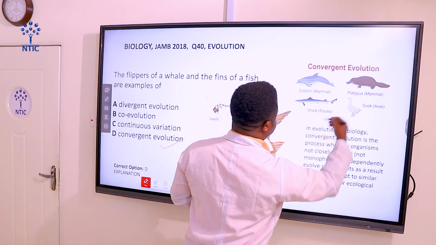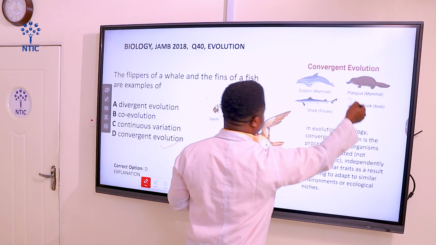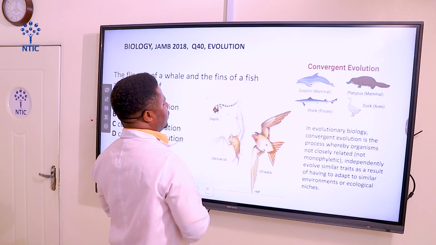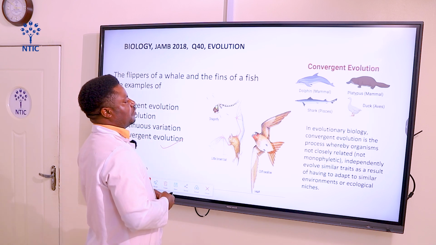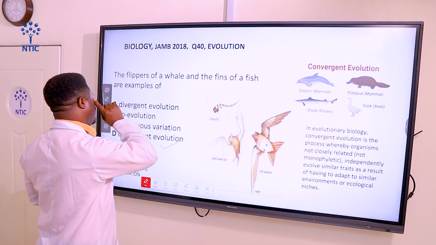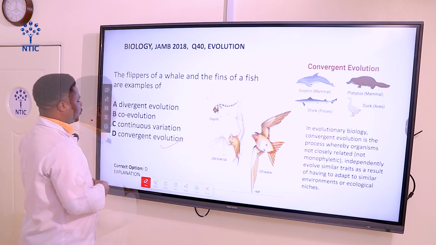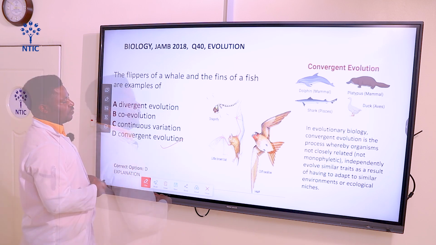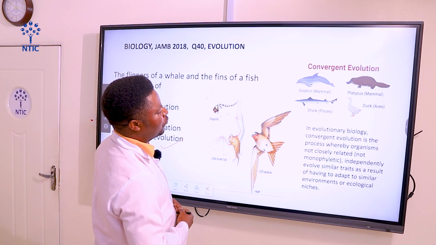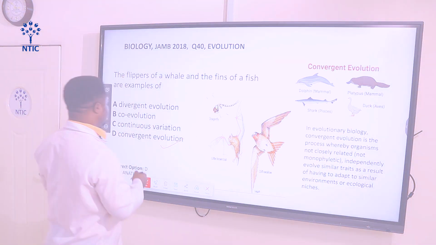You can see both of them have a common means of reproduction. This is a mammal and this is a bird. If you look at them, you will see that they are actually different, but they have a common method of reproduction. So the evolutionary explanation is that they evolved from different ancestors, but have common features that enable them to explore the environment in which they live.